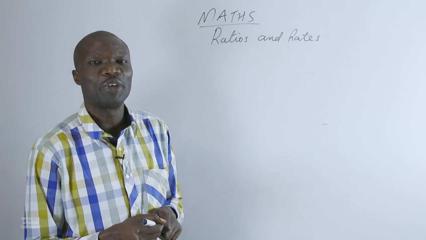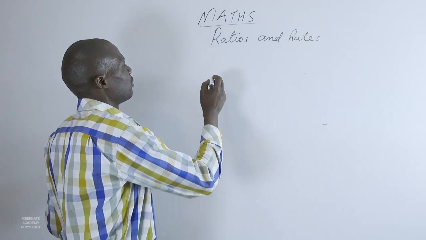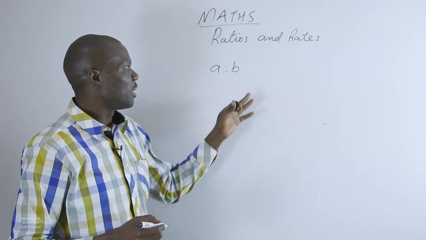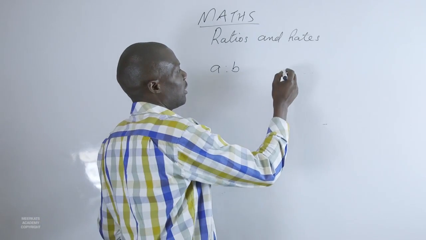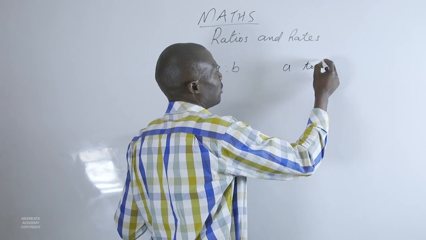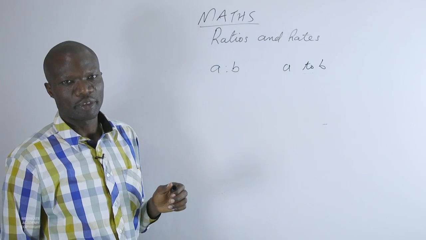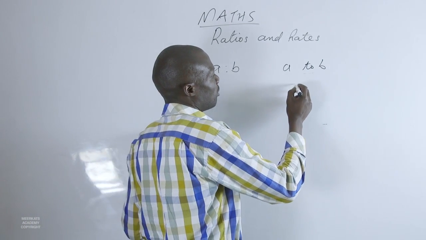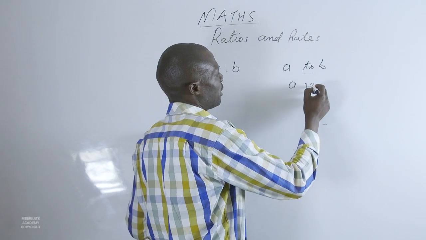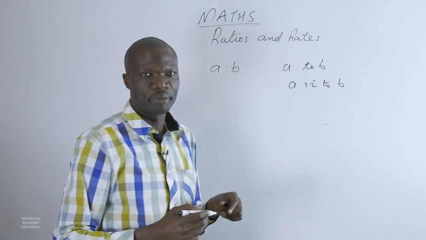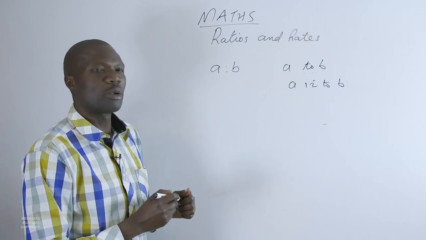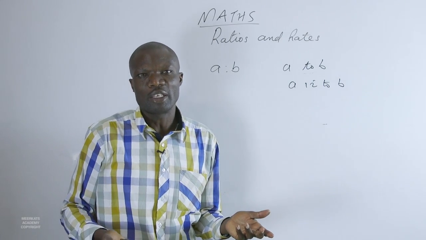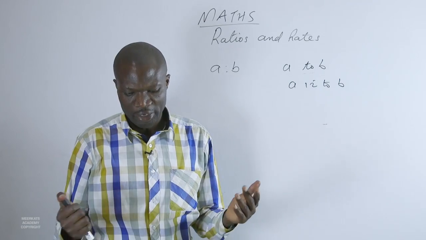A ratio is simply written in the form of A to B. This can be said as A to B, or sometimes we can say the ratio of A is to B. The colon is a mathematical symbol that is used to mean ratio.